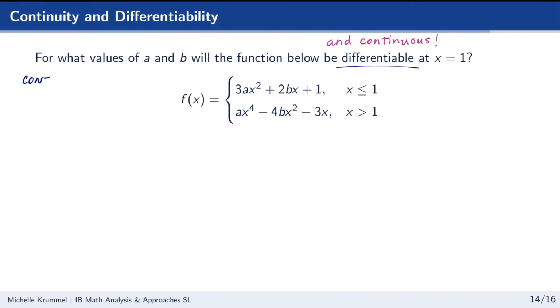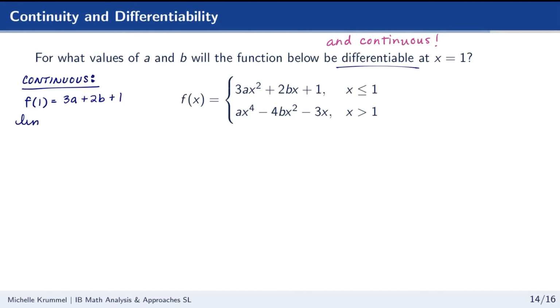For continuous, we need to make sure that f of 1 equals the limit of f as x approaches 1. So f of 1, 1 is included in this top subdomain, equals 3a times 1 squared plus 2b times 1 plus 1.